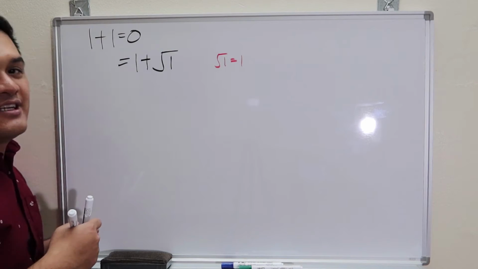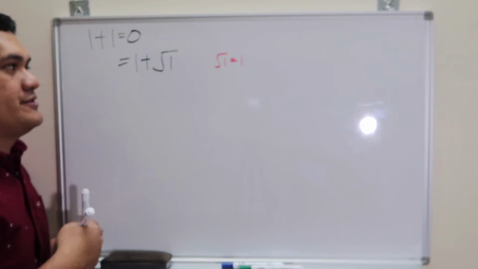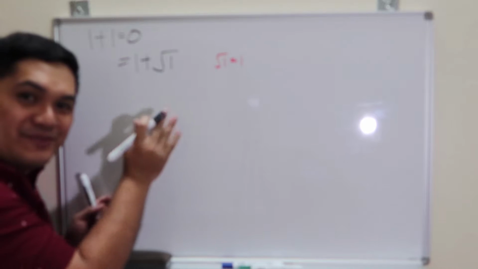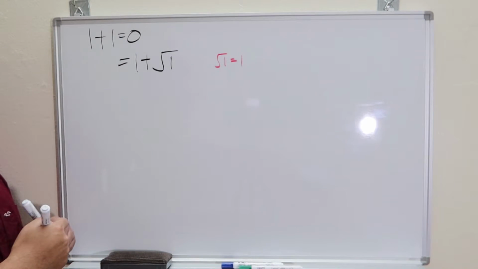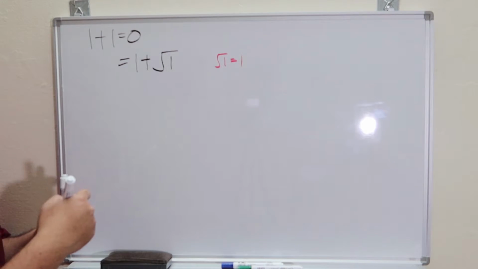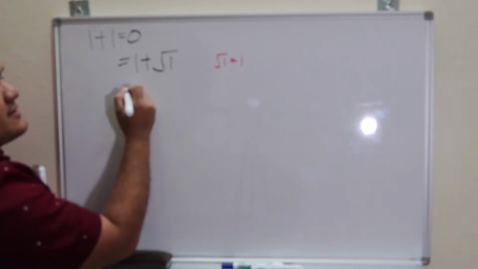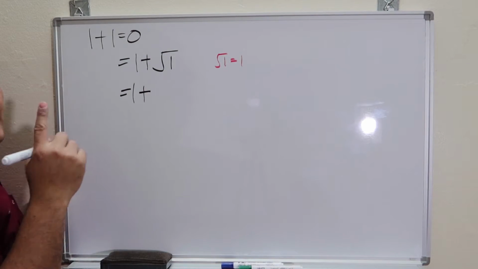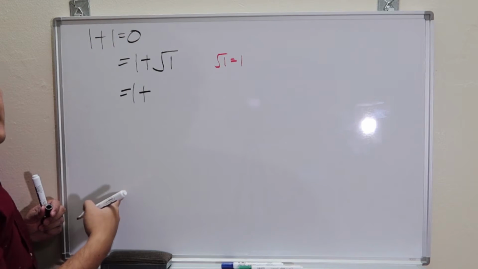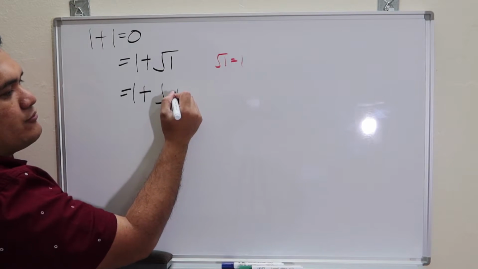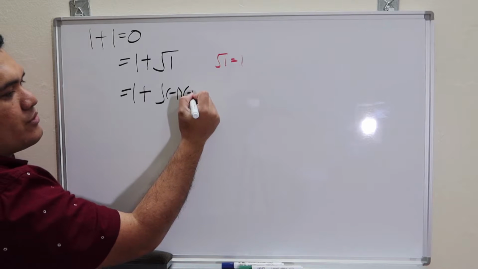So, for our 1 plus 1, the next step is 1 plus, we rewrite the square root of 1, which is still 1, as the square root of negative 1 times the square root of negative 1.